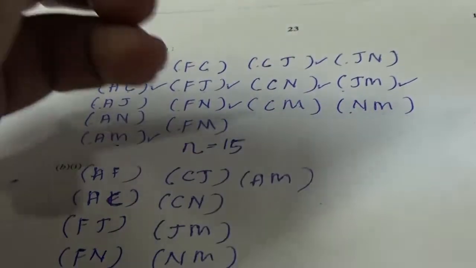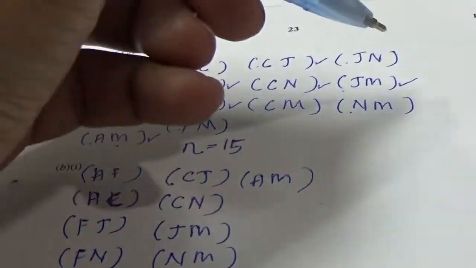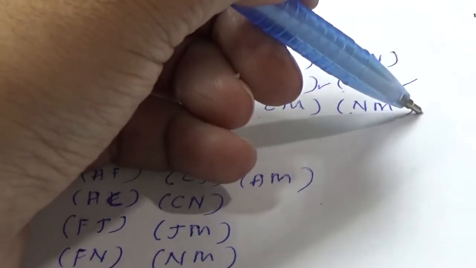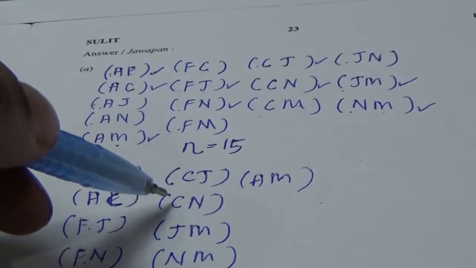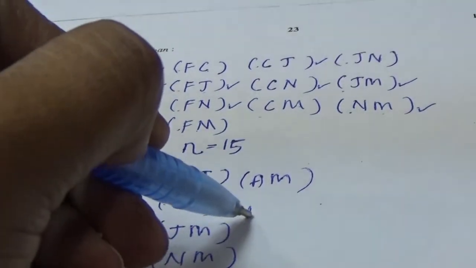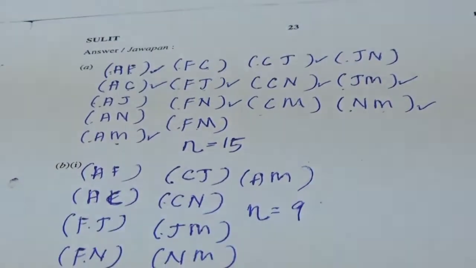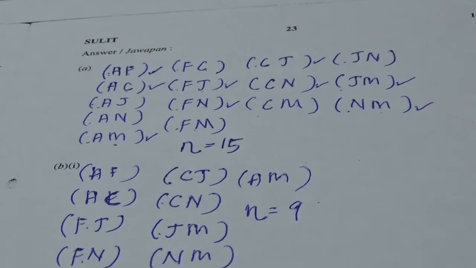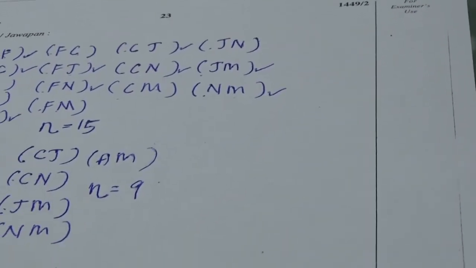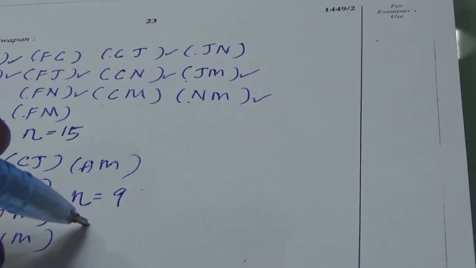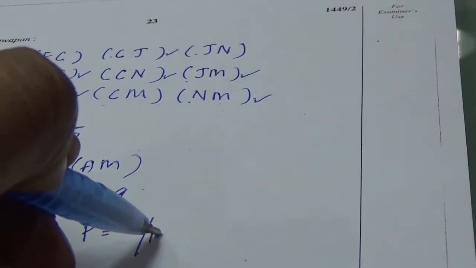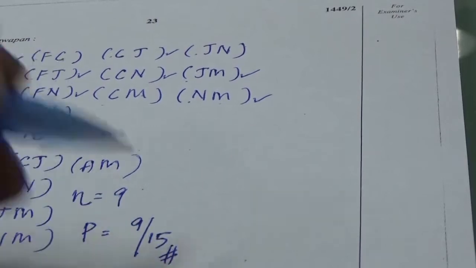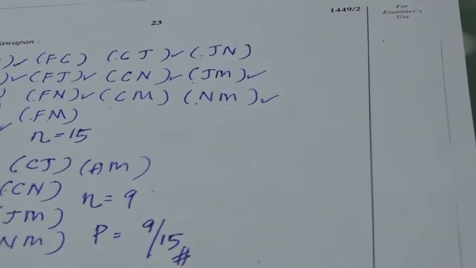John, Mary, and Nancy, Mary. So 1, 2, 3, 4, 5, 6, 7, 8, 9. So we have a total of 9 possibilities of picking a boy and a girl to be dropped off at a certain place. Therefore, the probability would be 9 out of 15. That is part B, part 1.